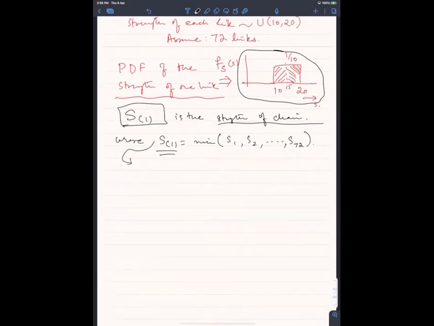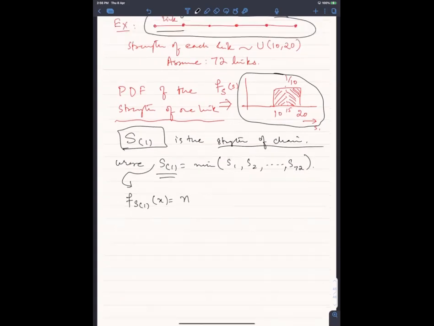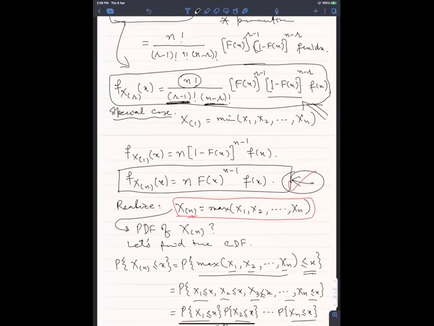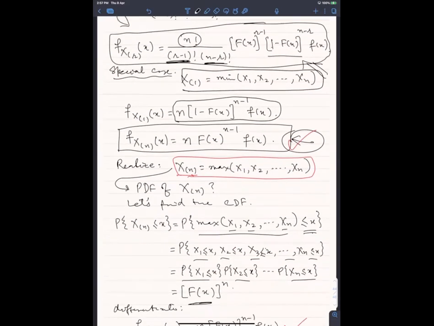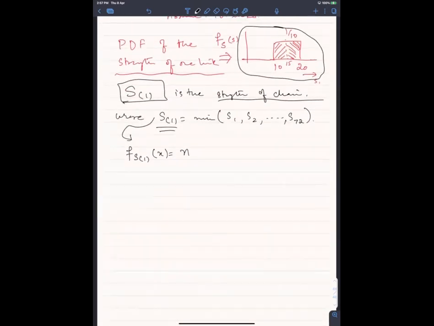I am interested in the distribution of this, so using the result from above, f_S1(x) would be equal to n times, for the min, this was n into the CDF into one density function, so n into (1 minus CDF) of the strength of one link, to the power 72 minus 1, into f_S(x), which is 1 over 10.